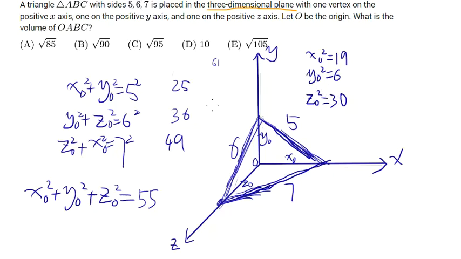So the volume of this tetrahedron is 1/6 of x0 times y0 times z0.